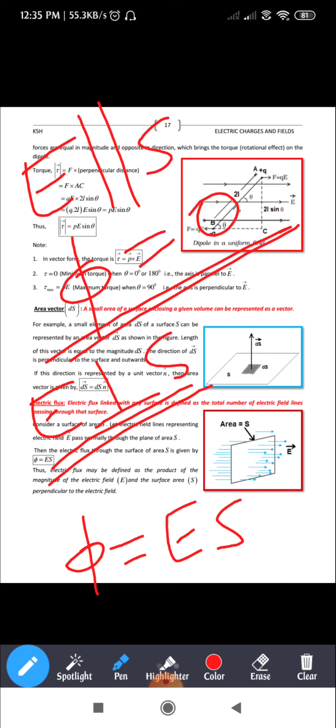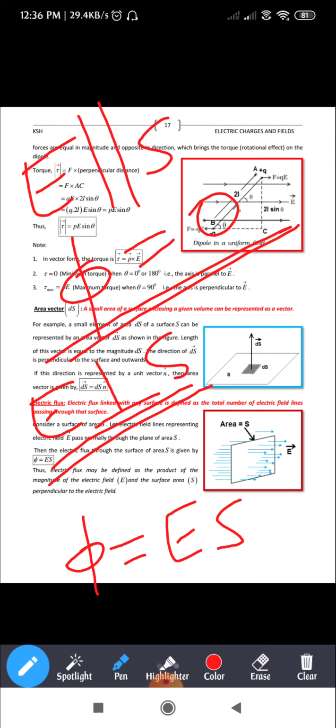Why? Because no electric field lines can pass through the given surface if it is parallel to the direction of electric field. So this is regarding the electric flux, which we denote as the number of electric field lines passing through the given surface.